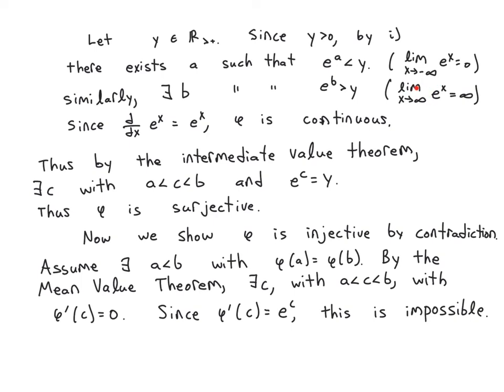Also, since the limit as x goes to infinity of e to the x is infinity, there must be some point b where e to the b is greater than y. In other words, you've got some level y. Your exponential function has to be below that point eventually, and it has to be above that point eventually. Otherwise, you wouldn't have these two limits. If you don't understand the reasons why that works, you need to go back and review your definition of limits.